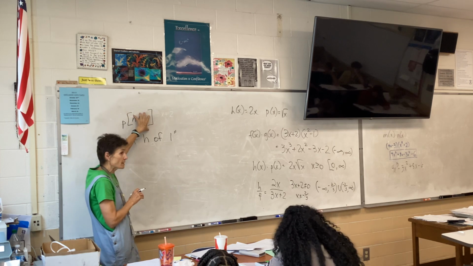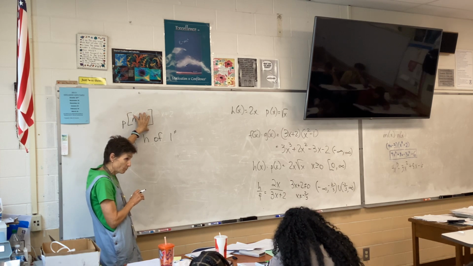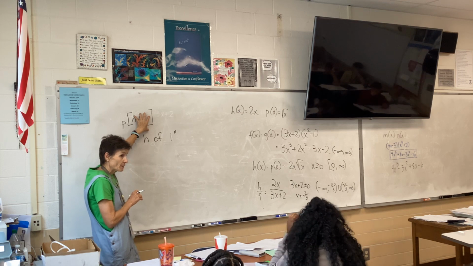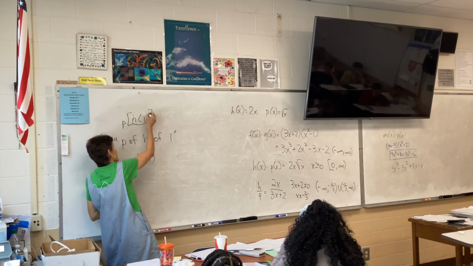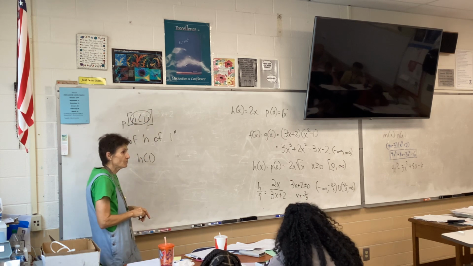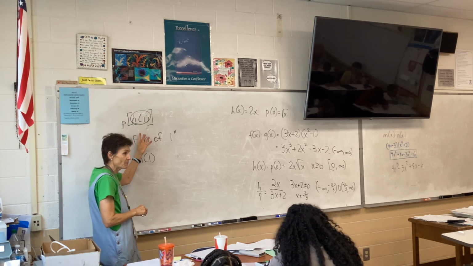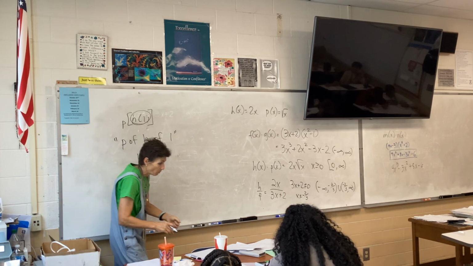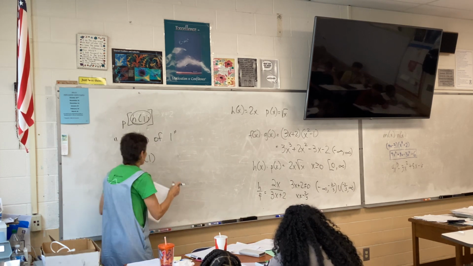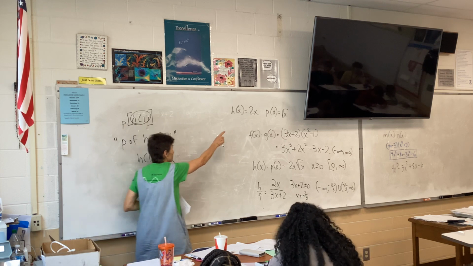So the first thing we do, you'll recall from last year, is evaluate H of 1. We start right here. That shouldn't confuse you. It's inside a bracket, inside parentheses. That's where we start. So, oh, I erased some of my functions. What's H of 1? H of 1 is 2.